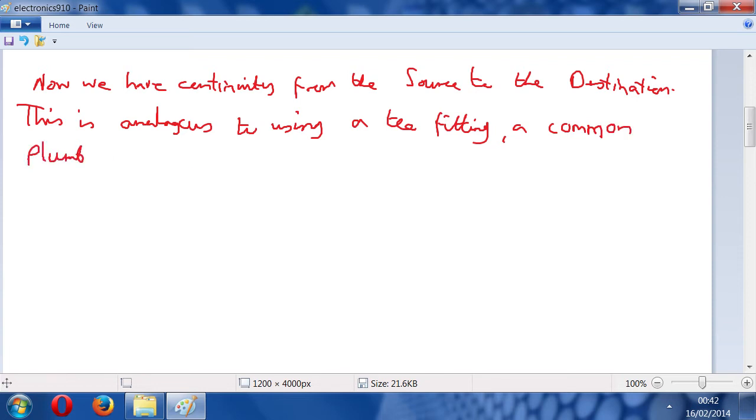Obviously it's called a T because it's a T shape. I believe it's the most common fitting used in plumbing. A common plumbing fitting that diverts water.